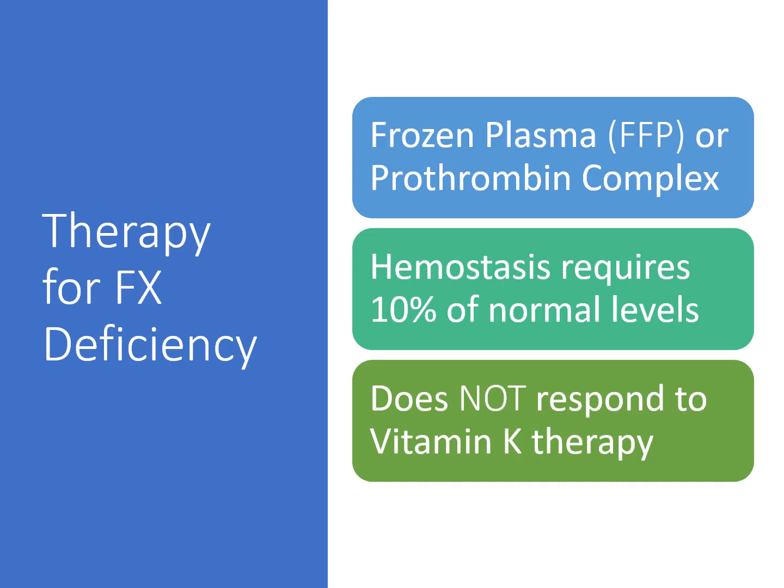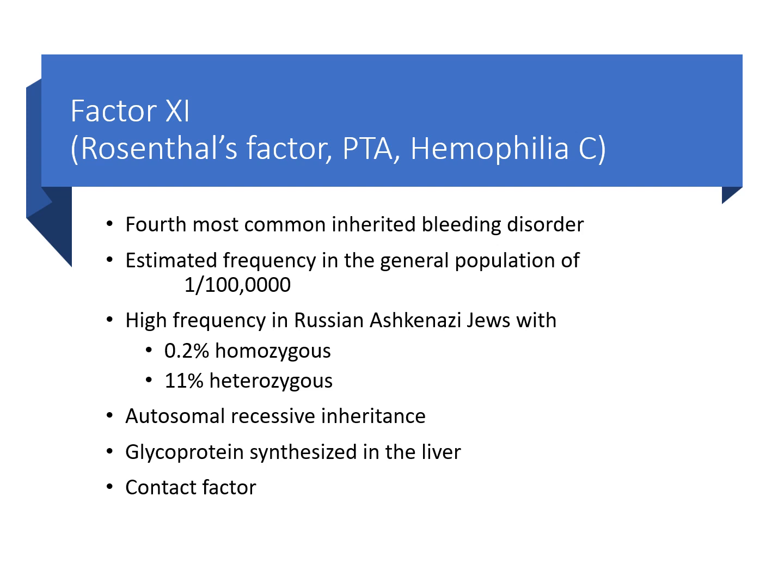But for a true deficiency, it does not respond to vitamin K therapy. Best course of treatment would be a prothrombin complex concentrate or fresh frozen plasma. And the good news is hemostasis requires only about 10% of normal levels. So hopefully those heterozygous patients with about 50% are okay.